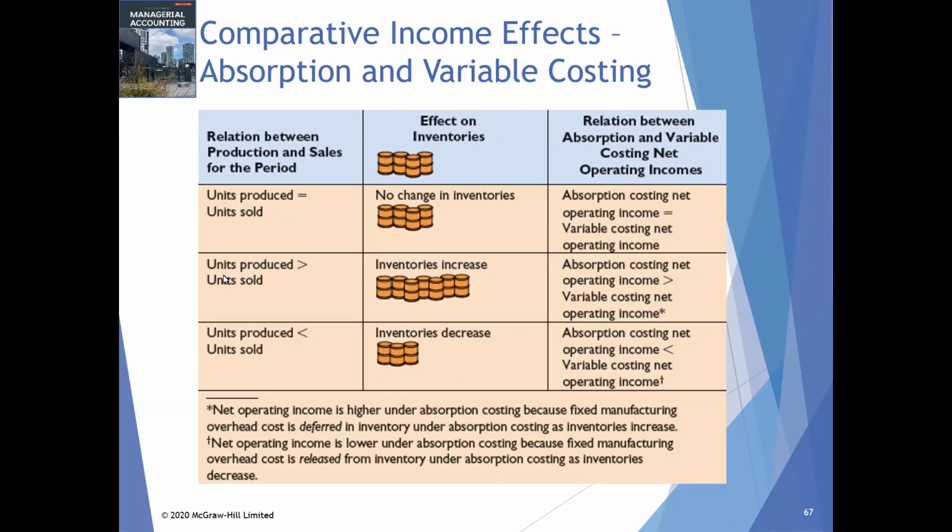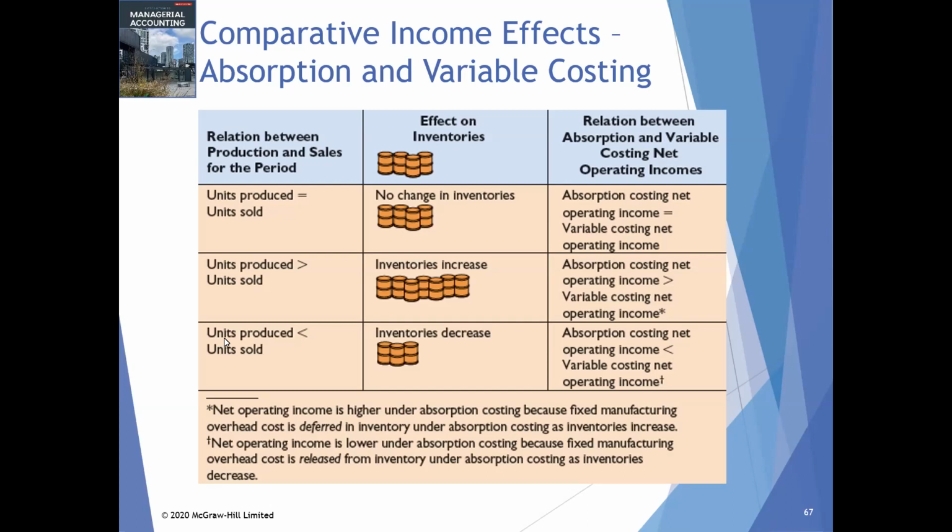But if the units produced are more than the units sold, definitely there will be a closing stock, so inventory will increase. If the inventory is increasing, it means absorption costing net operating income will be more than the variable costing net operating income.